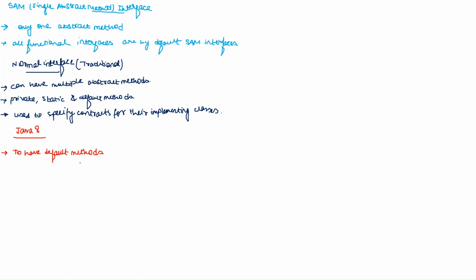Now, these default methods are important. Why? Because although interfaces can traditionally be used to specify contracts, you sometimes would want to have an interface specify a particular implementation which is common for all the implementing classes. And that is the reason why you should be having default methods in interfaces. So, for example, let's say you have an interface Flyable, denoting that a particular living creature can fly.